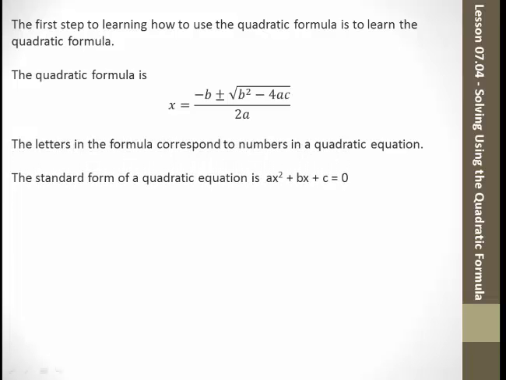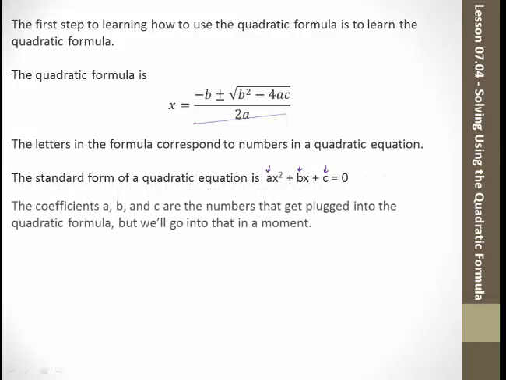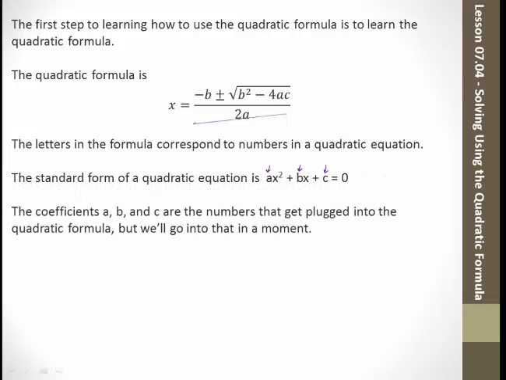So the standard form is ax squared plus bx plus c. So the a's, b's, and c's here is this a, this b, and this c. Just the a portion, you take the x away. Just the b portion, you take the b away, or the x away. The coefficients a, b, and c are the numbers that get plugged into the formula.